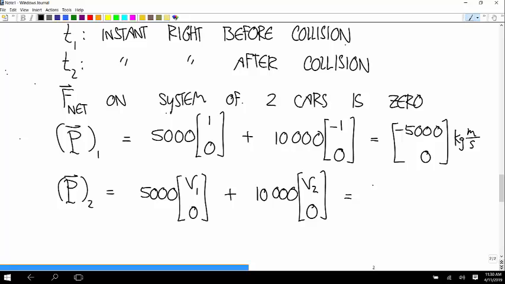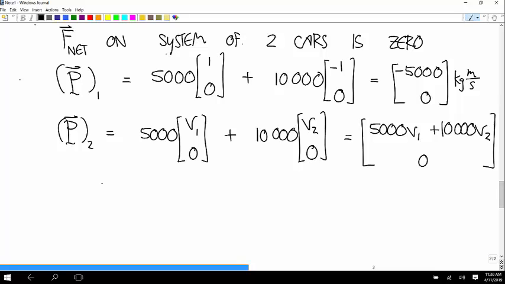And so you just get an answer of 5,000 V1 plus 10,000 V2, and then 0 for Y. So conservation of linear momentum gives us two equations.